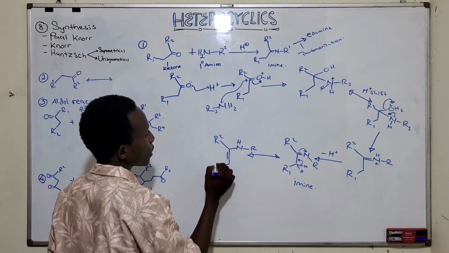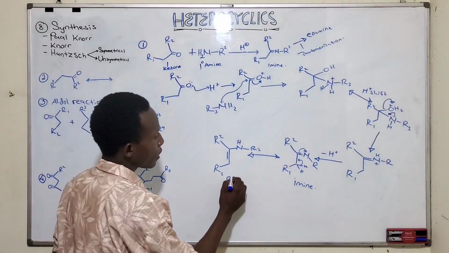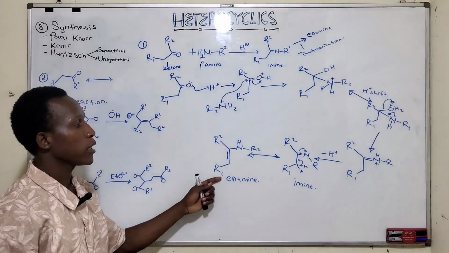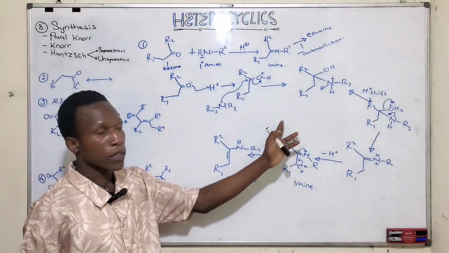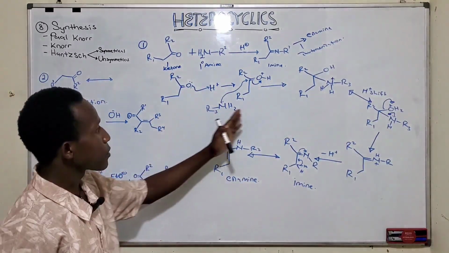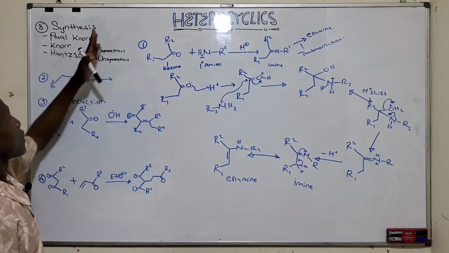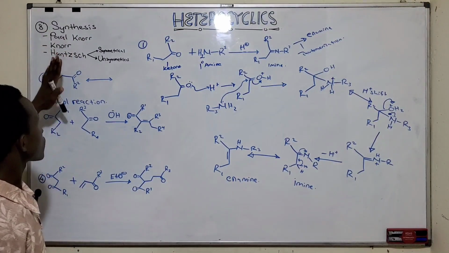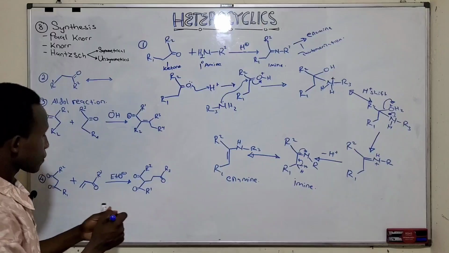Then we have R2 and R1. This is R3. So this is enamine. This is enamine. So that's the mechanism. We want to see this mechanism because we are going to apply them in synthesis of these heterocyclics using Aldol reaction.